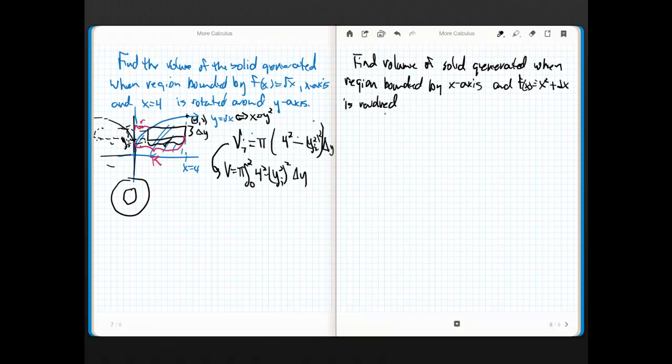When region bounded, rotate. Yeah, I'm going to use them both. Revolved around the y-axis. Now watch what kind of trouble we get into here.